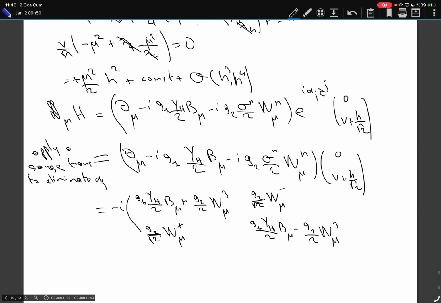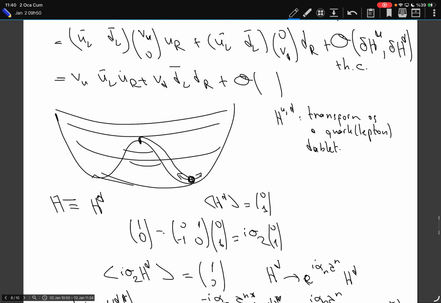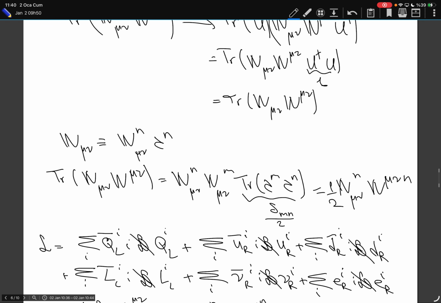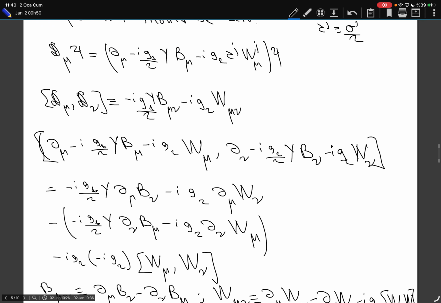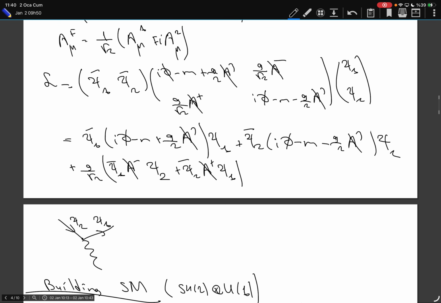These omega mu minus and omega mu plus are just, if you remember our previous discussion of SU2, these terms.